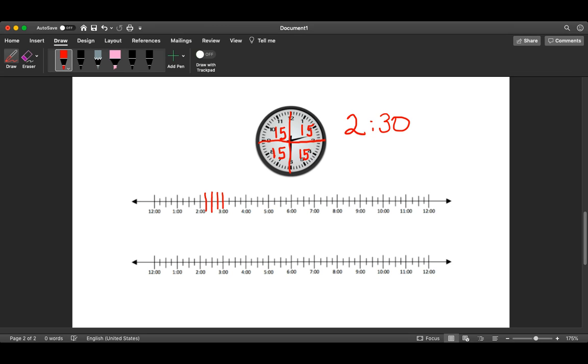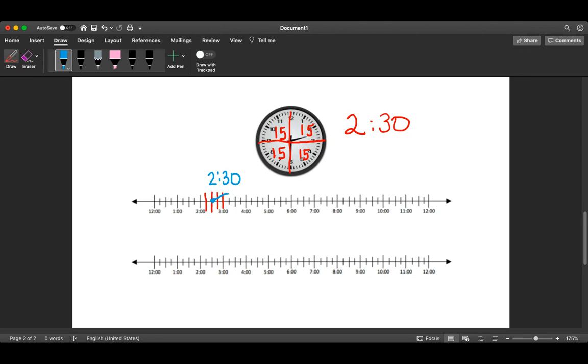Right here in the middle of 2 and 3 would be 2:30.